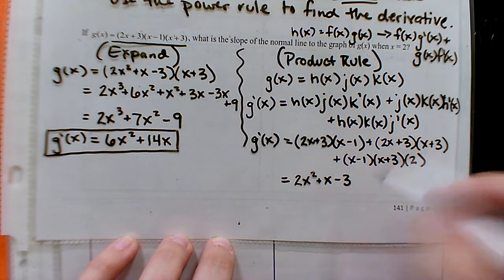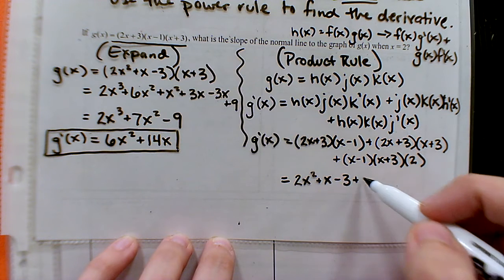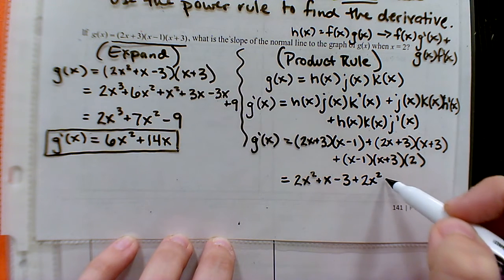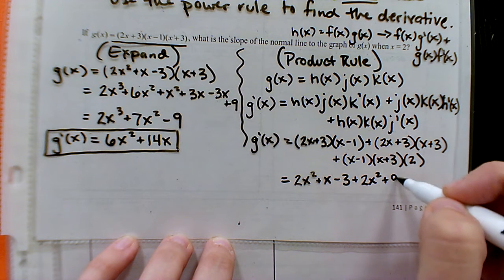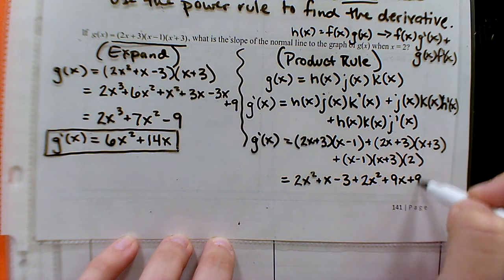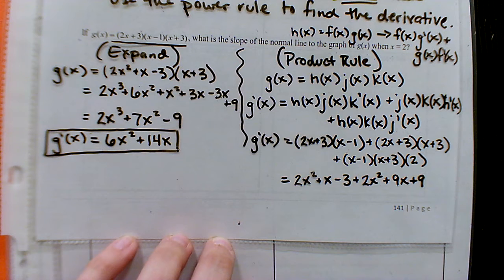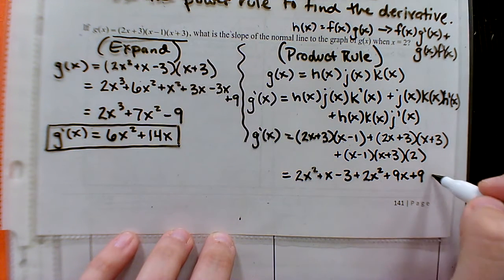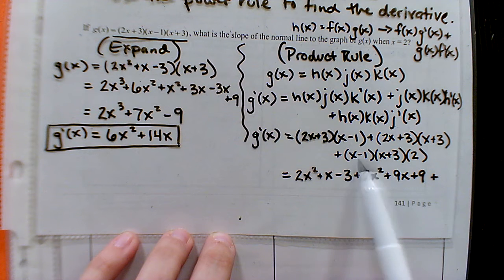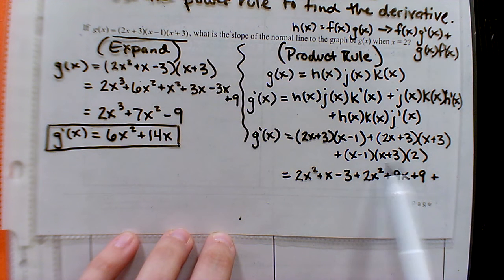We'd have another FOIL process on the next 2. 2x squared plus 6x plus 3x, so that would give us 9x plus 9. And then FOIL process on the last 2 and then double all of your terms.